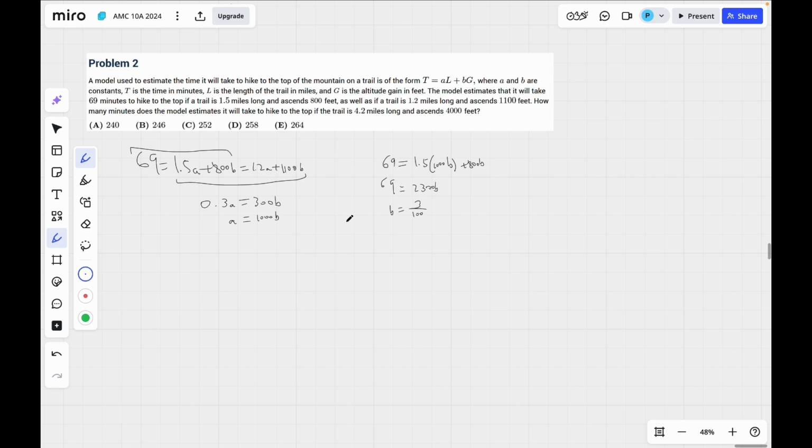Now let's plug the value of B back into A, so we get A equals.